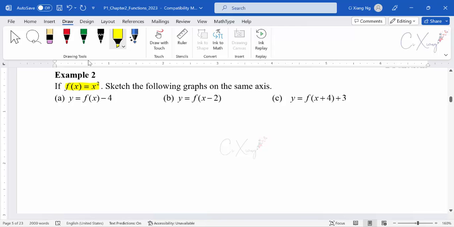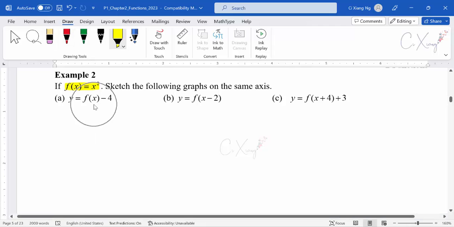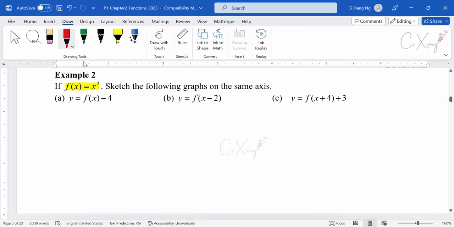That means my basic function is x squared. They want us to sketch the following graphs on the same axis. There are 3 graphs here: y equals f(x) minus 4, y equals f(x minus 2), and then y equals f(x plus 4) plus 3.